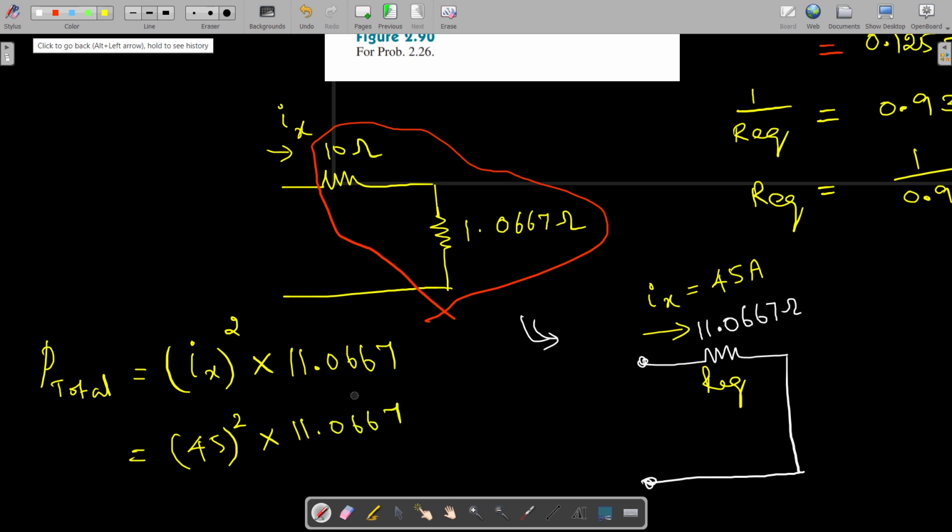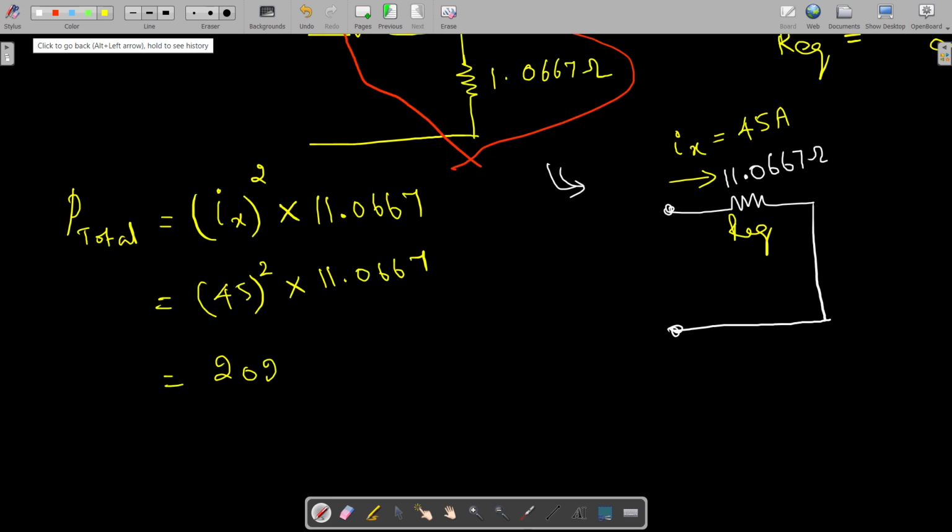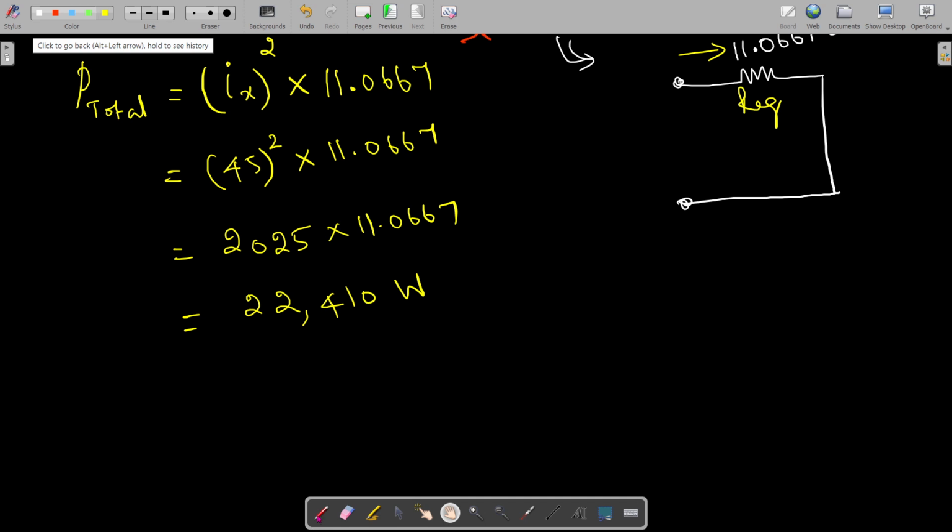So 45 square is 2025 multiplied by 11.0667. So it is equal to 22,410 watts. So we can write P total is equal to 22.410 kilowatts. Okay. So this is the answer we got already.